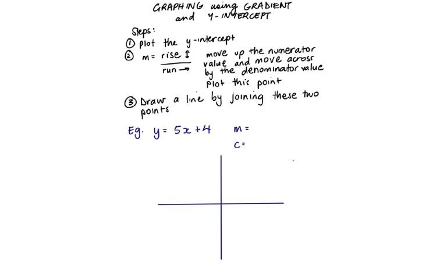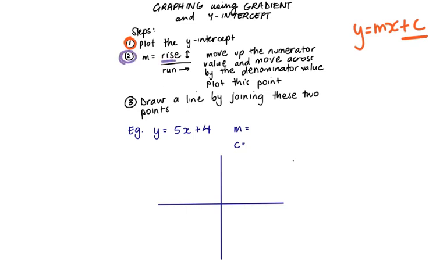The following are the steps that we use for graphing linear equations using gradients and y-intercepts. The first step is to plot the y-intercept. If you remember our form again, mx plus c, we look at our equation and we plot the y-intercept first. We're then going to use the gradient to plot our second point.